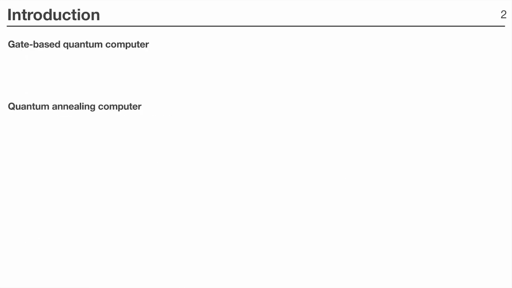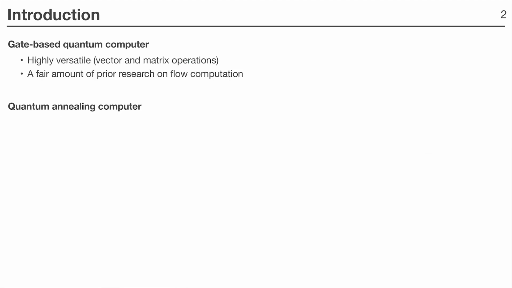So, introduction. As you know, there are two types of quantum computers now. One is a gate-based quantum computer, and the other one is a quantum annealing computer. Today we focus on the quantum annealing computer, but in our research group, we work on both gate-based quantum computers and quantum annealing computers. Gate-based quantum computers are highly versatile.